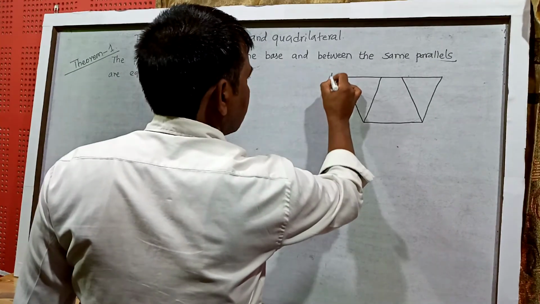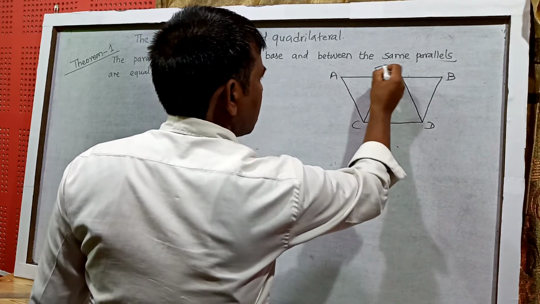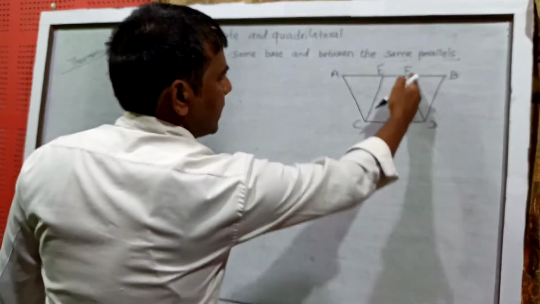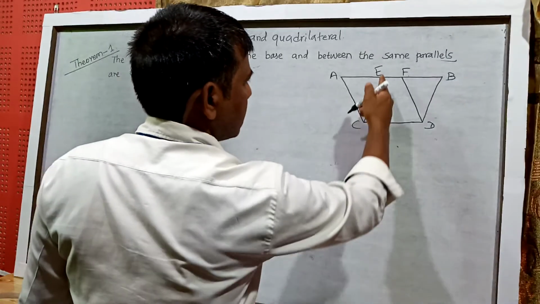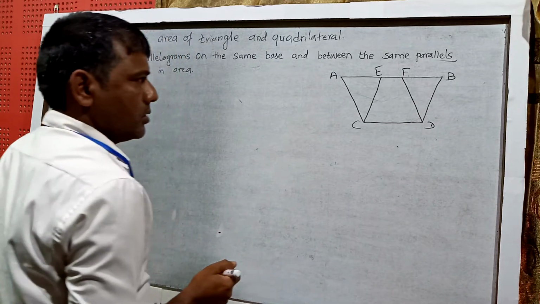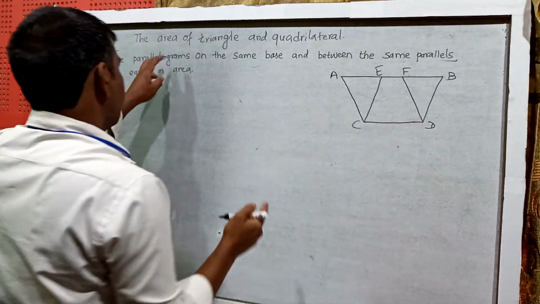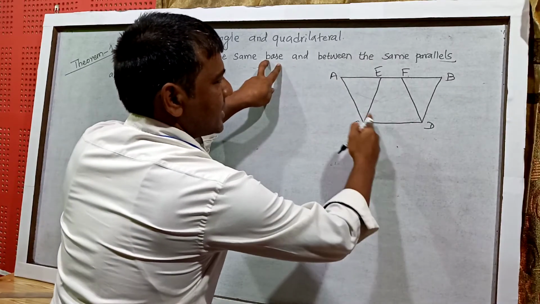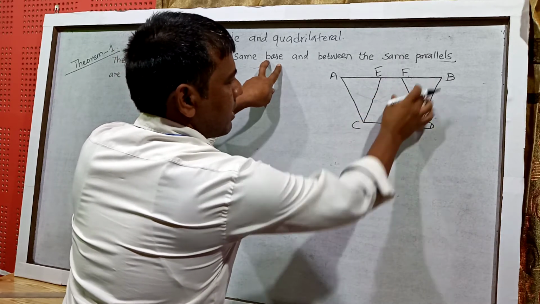Here the parallelogram ACDF and the parallelogram ECDB are standing on the same base CD. According to the statement, parallelograms on the same base. The base of this parallelogram is CD, and the base of this parallelogram is CD.